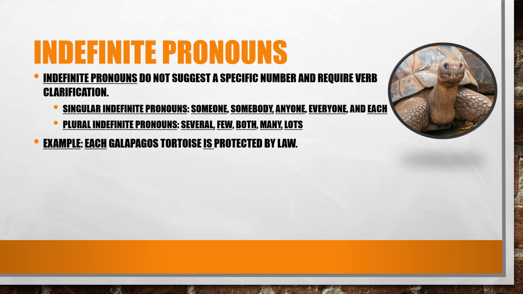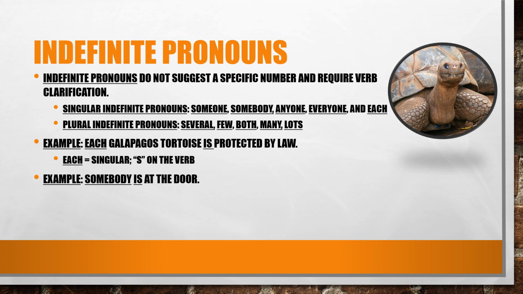Each, we already know from above, is a singular indefinite pronoun, and Galapagos tortoise is our subject, so we're talking about one Galapagos tortoise. If we have a singular subject, then the verb ends with an S, just like always. So each Galapagos tortoise is protected by law, not each Galapagos tortoise are protected by law.